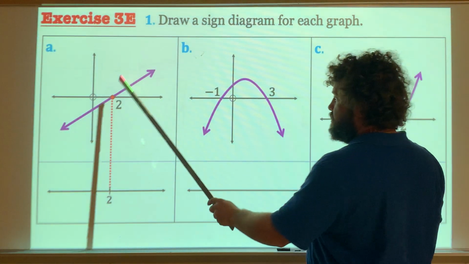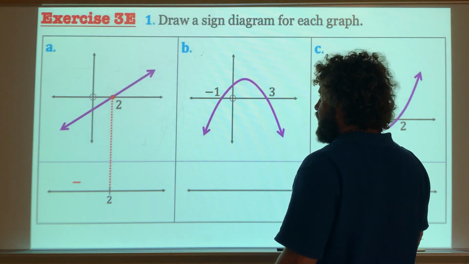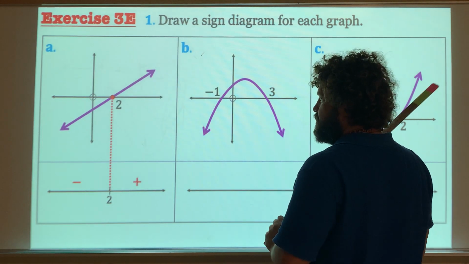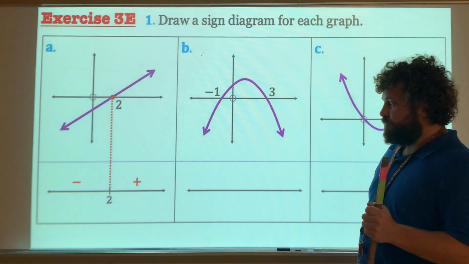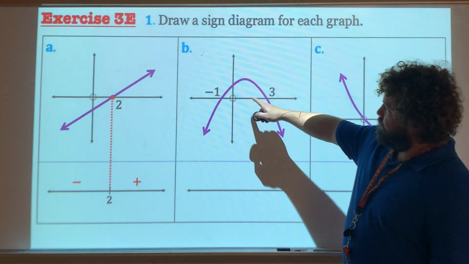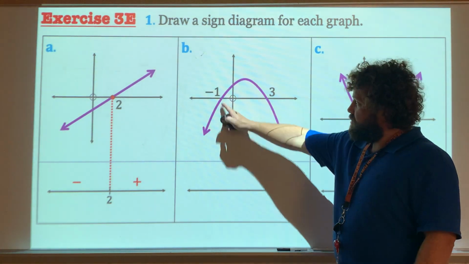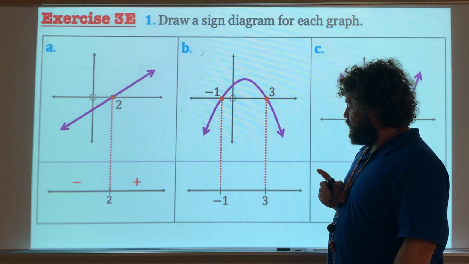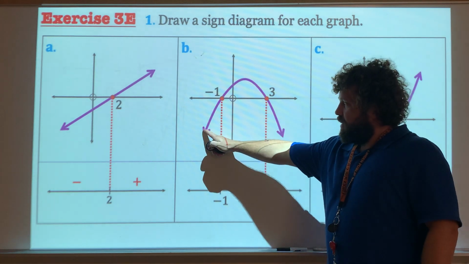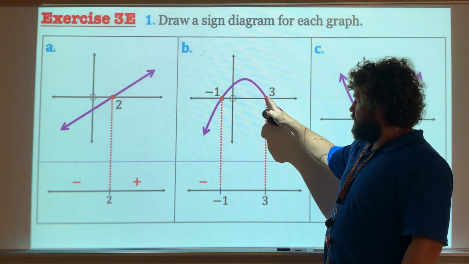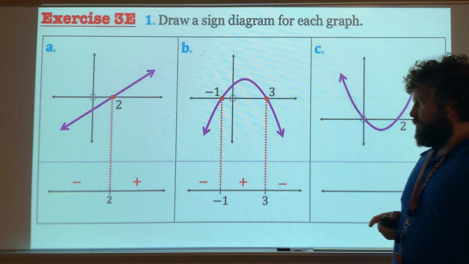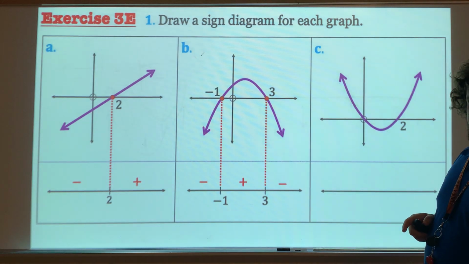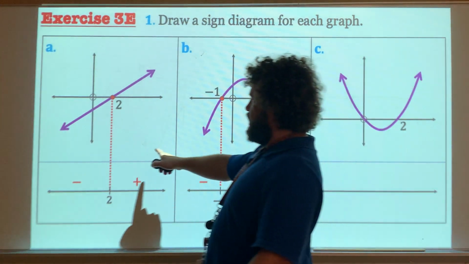Anything before 2 is negative. Anything after 2 is positive. Next one intersects twice. -1 and at 3. Negative. Above is positive. After is negative. And you don't have to draw these dashed lines.